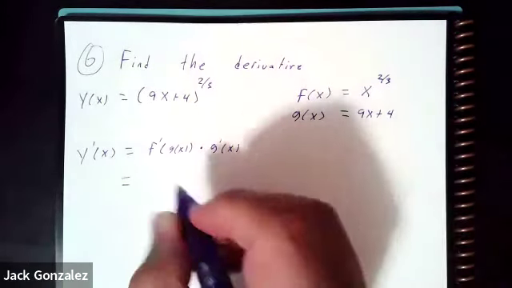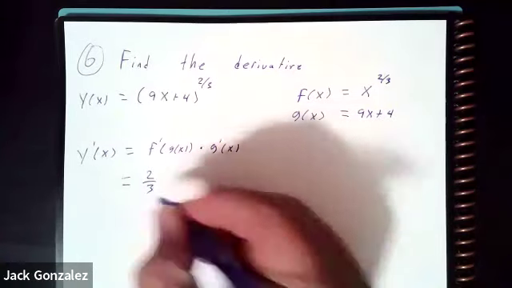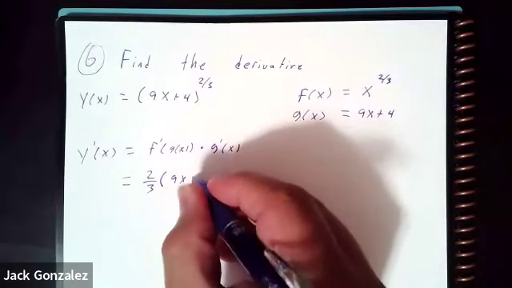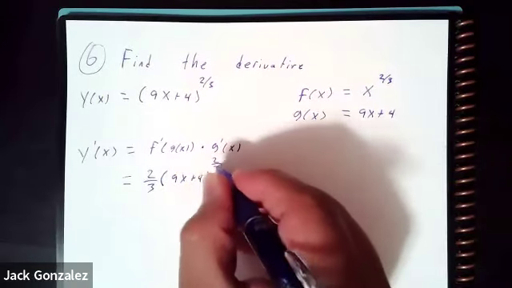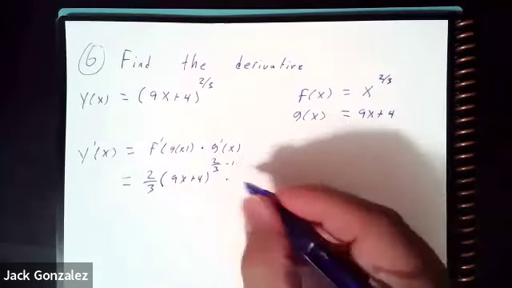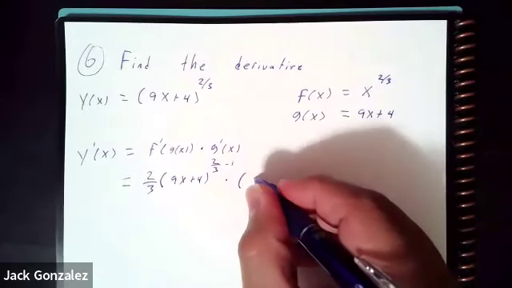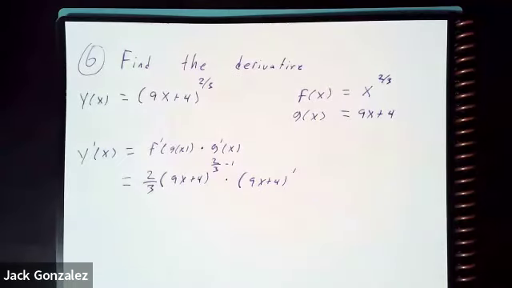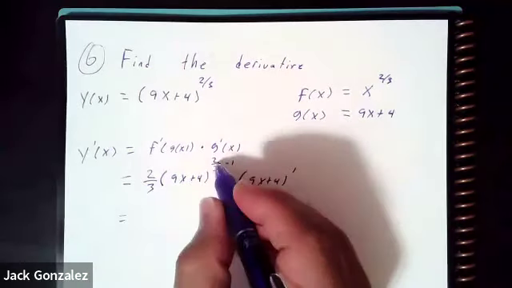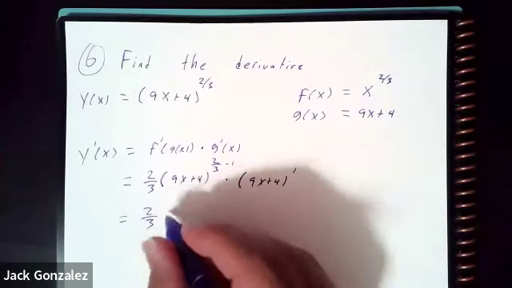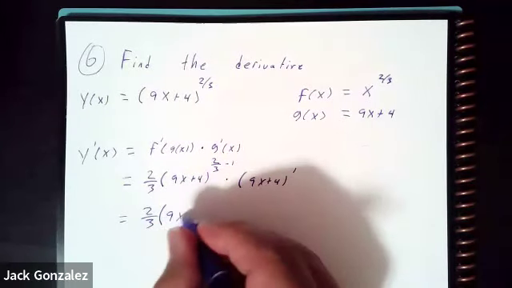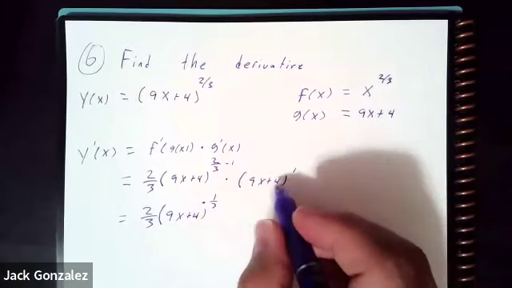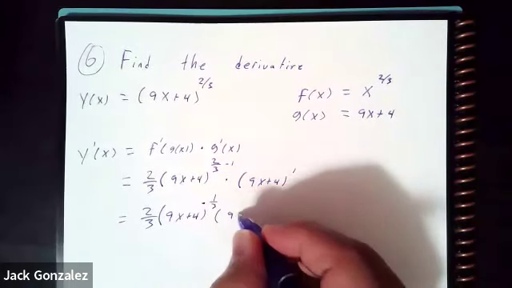So the outside derivative, 2/3 times (9x plus 4) to the 2/3 minus 1, times the derivative of the inside. 2/3 minus 1 will give us a negative, right? This will become 9.